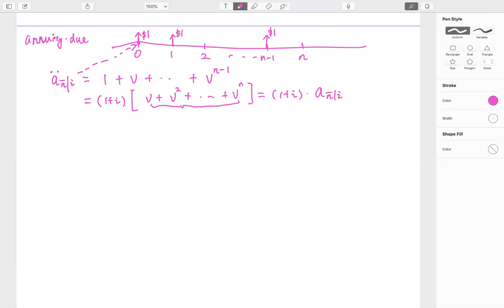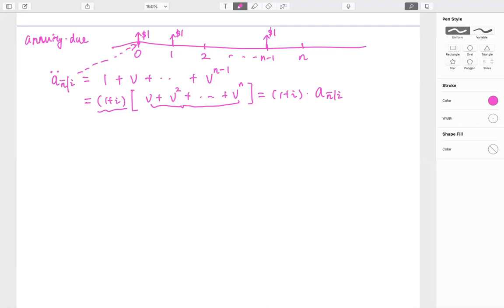That's not surprising because everything is shifted backward by 1 period. So you receive the payment 1 year earlier, or 1 period earlier. All you need to do is multiply by the 1-period accumulation factor. That's all you need to do when you go between annuity immediate and annuity due.